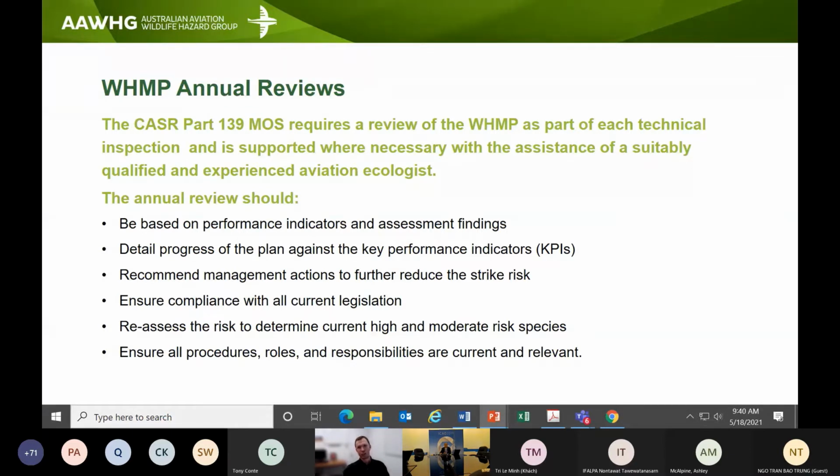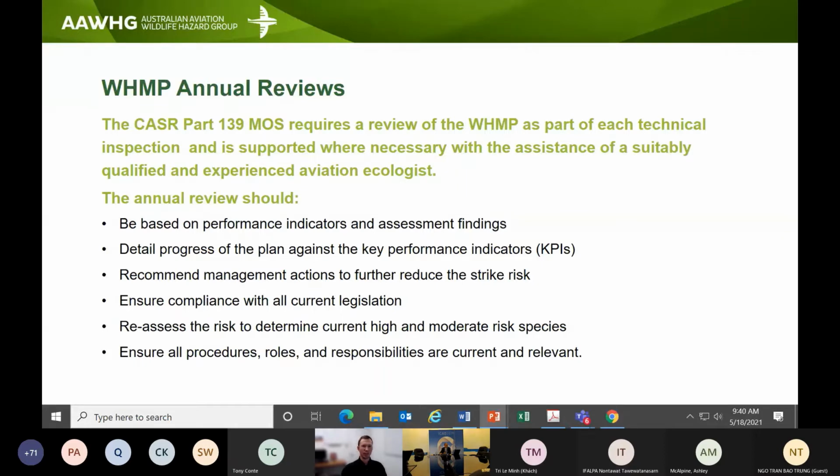So this will obviously affect the risk rating and the risk profile on the site. So changing the plan itself. So also need to ensure that all plans, procedures, roles and responsibilities are current and relevant. We all know that staff move on from time to time and structural changes occur within organisations.